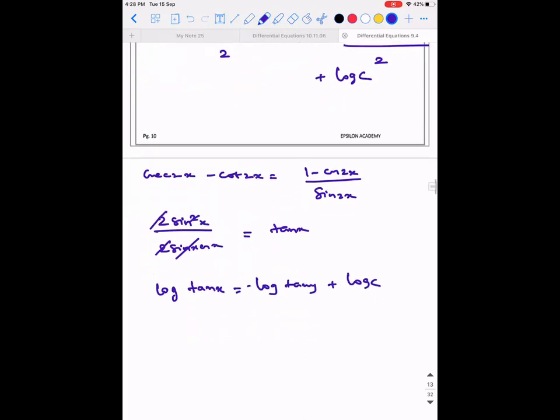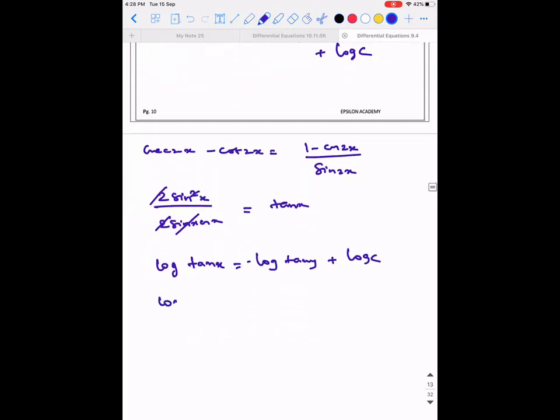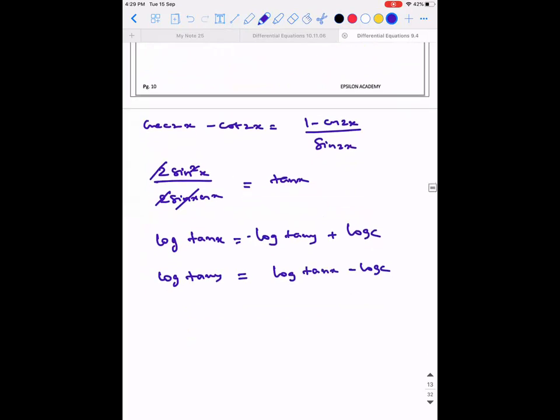Can I write it like this? So log tan y, I'm writing it as log tan x minus log c. Accepted? I'll tell you why I wrote it like that. So log tan y is equal to log tan x minus log c. The reason I wrote it like that is because I wanted to write it as an explicit function.